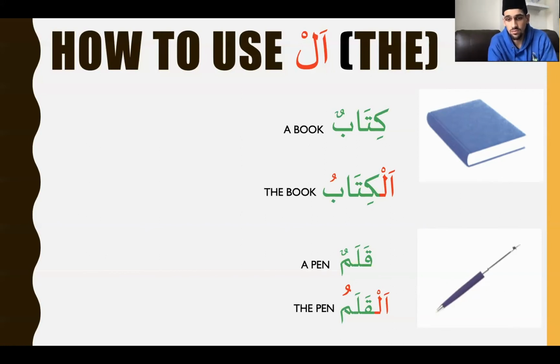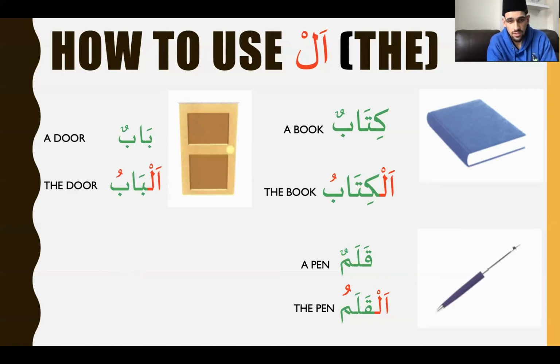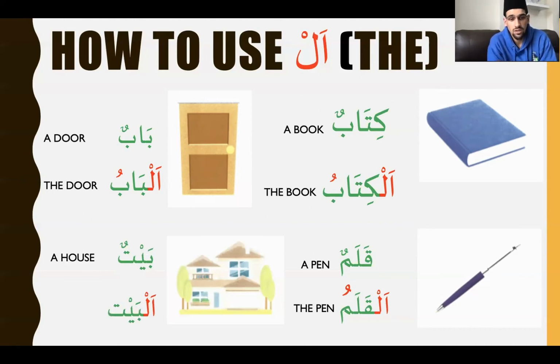Qalamun meaning a pen, al-qalamu, the pen. Here we have a door, which is babun, al-babu meaning the door. And fourthly, here we have a house, which is baytun, al-baytu meaning the house.